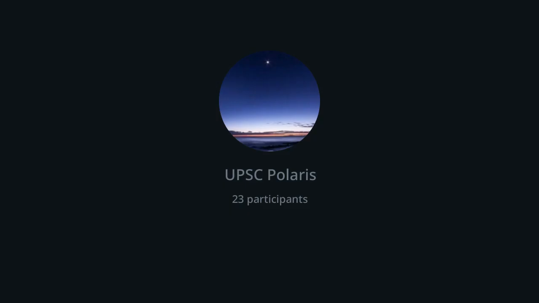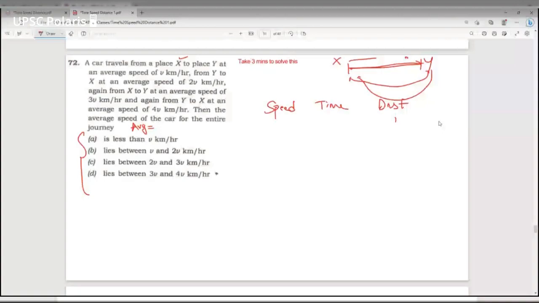The first time, the car is moving at V. Let the time be t1. From X to Y, the speed is V km per hour. Then from Y to X, it is moving at 2V km per hour, and let that time be t2.